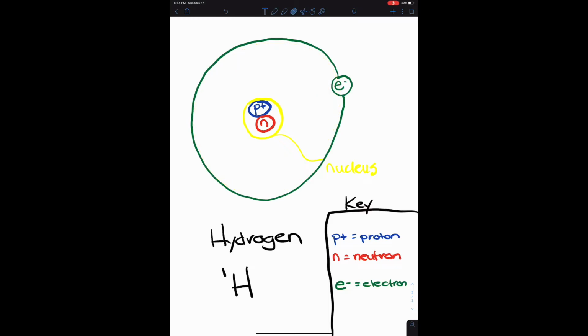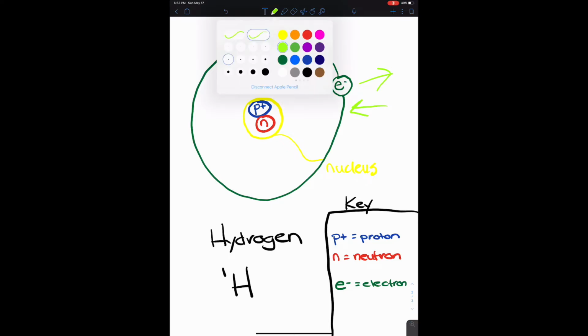The other thing about electrons is they love to come and go. So they can go from one atom to another atom, and this hydrogen atom could be positively charged if this electron escapes. And if another electron decides to latch on, it could be negatively charged. So that's just a little bit of information to kind of help you start to think about the differences between electrons and protons.